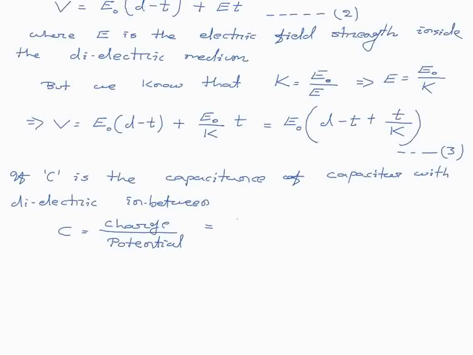So if Q is the charge of the capacitor, then this is Q divided by V, equal to Q divided by E naught into d minus t plus t divided by K.